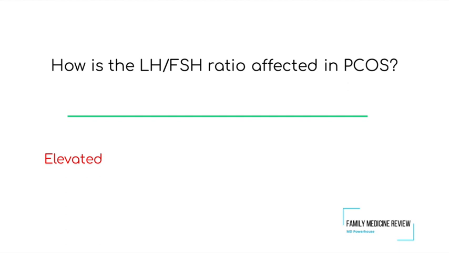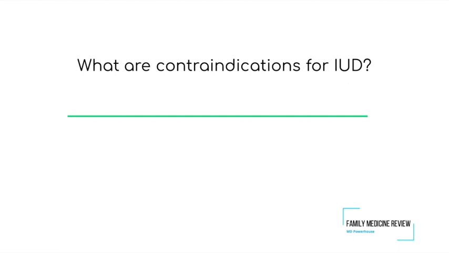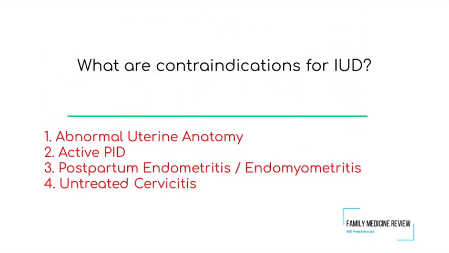What are contraindications for IUDs? Abnormal uterine anatomy, active PID, postpartum endometritis, and untreated cervicitis. Among BV, Trich, and Candida, which one has a pH less than 4.5?